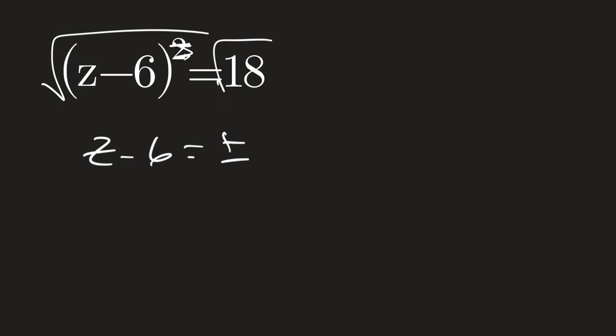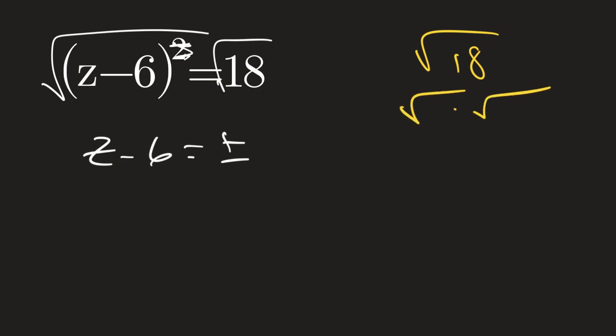Now, over here on the side, we need to take a look at root 18. Is 18 a perfect square number? It is not. Is there a perfect square number that goes into 18, though? 9. And again, I've told you guys this, if there is a radical that's not a perfect square, we need to see if we can simplify it. The square root of 18, I can rewrite it.